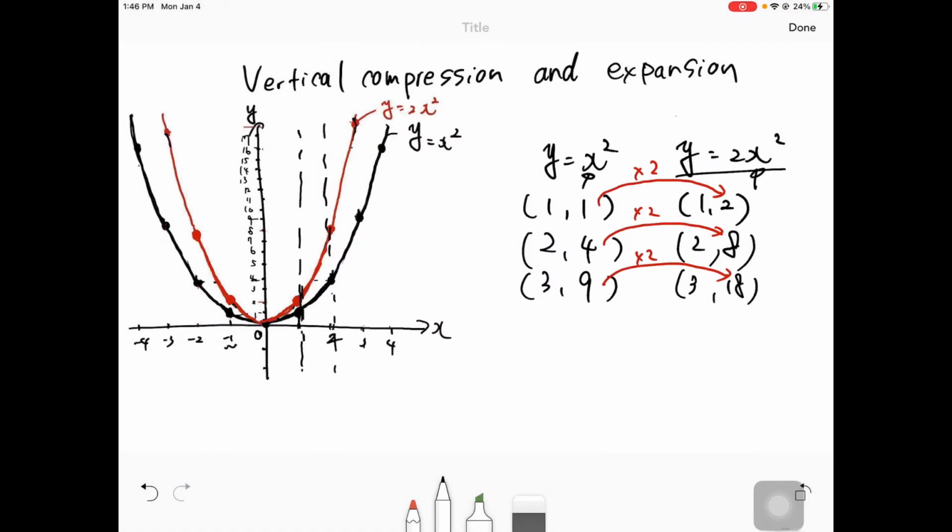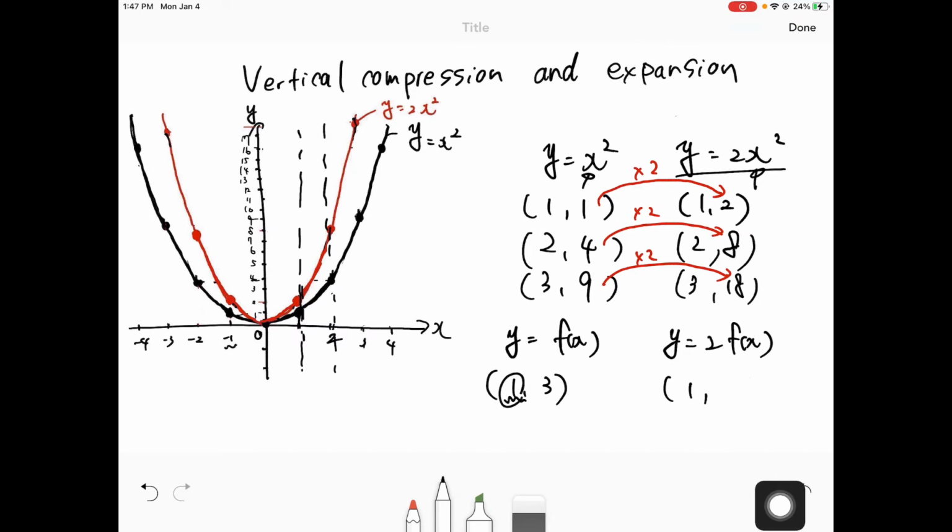Because sometimes math questions ask you, there's a graph of y equals f of x and y equals 2 times f of x. And if the graph of y equals f of x has a point (1, 3), what point does y equals 2 times f of x have? In this case, first you can fix the x value. So you can put 1 here, the same value as this.